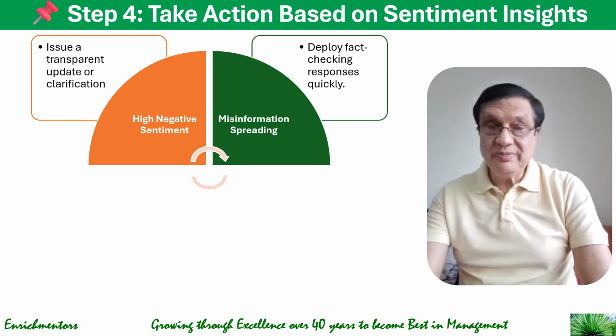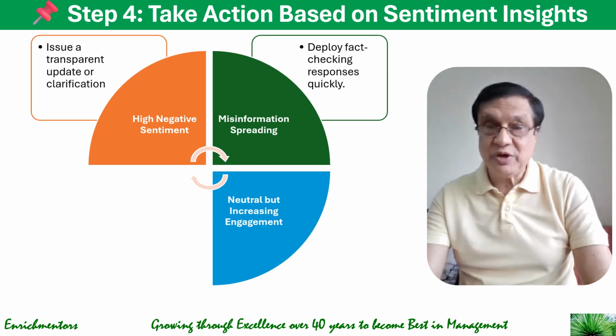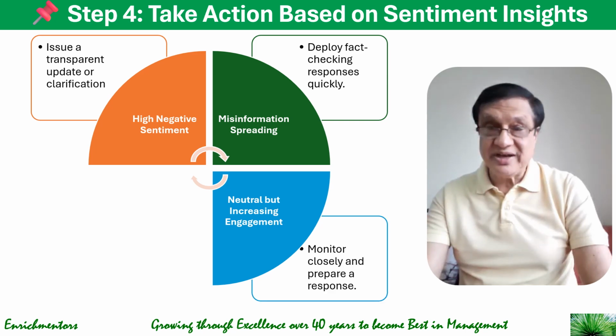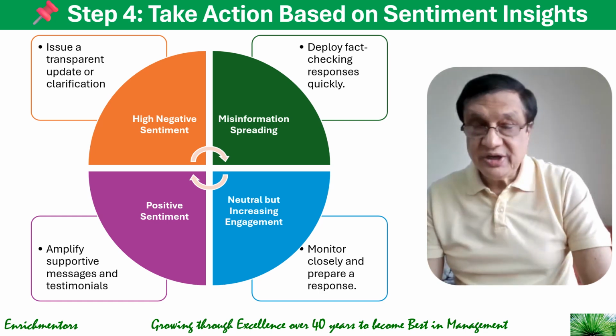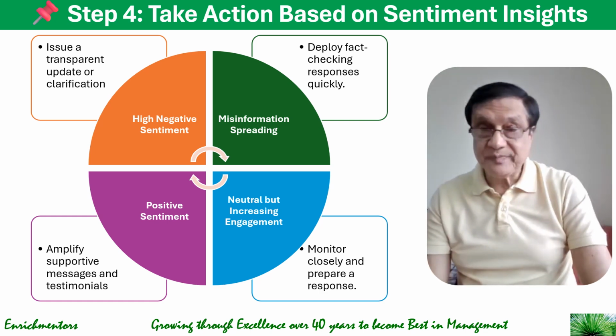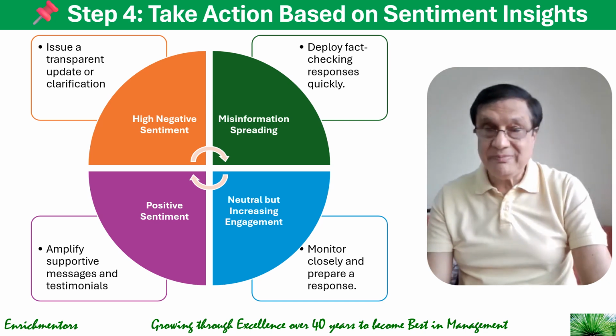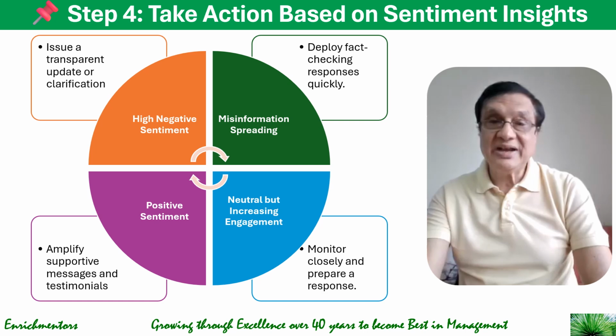Then, if it's neutral but with increasing engagement, you need to monitor closely and prepare a response. And if there's a positive sentiment, then you need to amplify the supporting messages and testimonies. Now, you could also create a crisis response playbook with pre-approved message templates for different sentiment levels. So that's how you can take action on the sentiment insights.